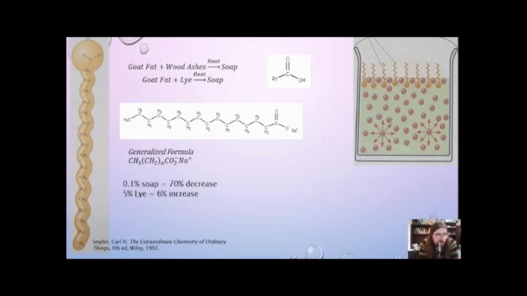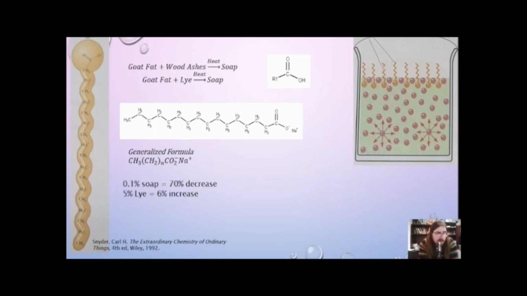Now, the carboxylate group, being ionic, is also highly polar. Ionic molecules tend to dissolve very well in water, but not want to mix in hydrocarbons. So we have what's called a polar head and a nonpolar tail.